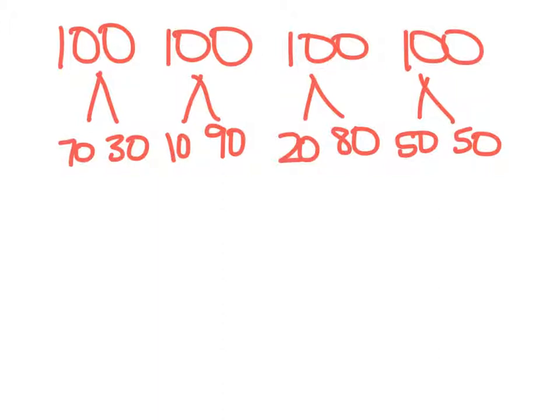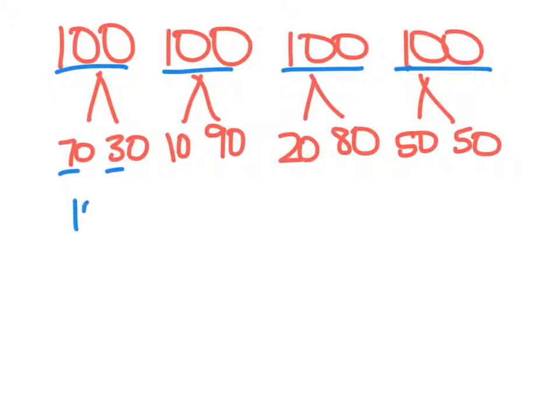So what you need to take a look at is that all of these math mountains have a sum or total of 100. Okay, so we can say if we add 7 tens and 3 tens together, that's going to give us 10 tens.